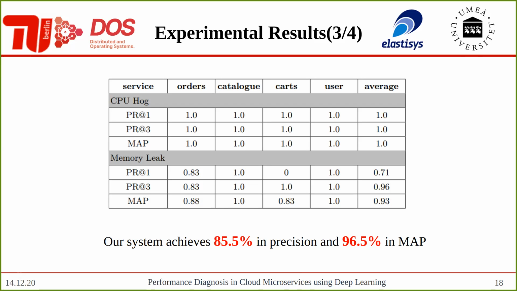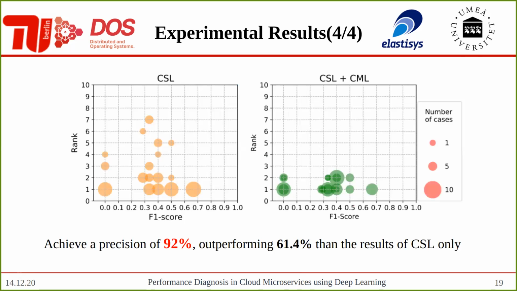After we evaluate the effectiveness of the culprit metric localization, we next investigate whether applying the autoencoder into the culprit service localization can improve its precision. So this is the process: we get a list of the potential culprit services, and after that we apply our autoencoder on the metrics of these culprit services, and then try to rank the culprit services again.